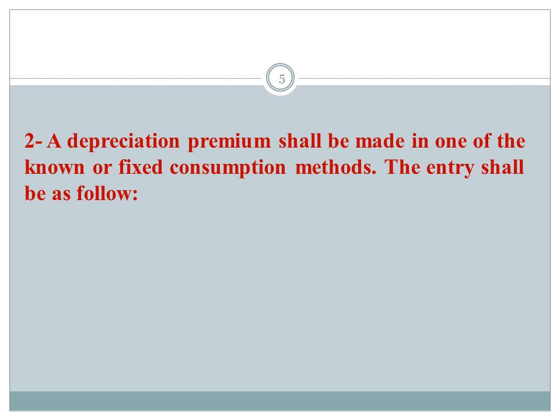So at the end of the year we should calculate depreciation. The depreciation premium shall be made in one of the known fixed consumption methods. As we said last time, there are many methods for calculating depreciation, such as the straight line method, declining method, double declining method.